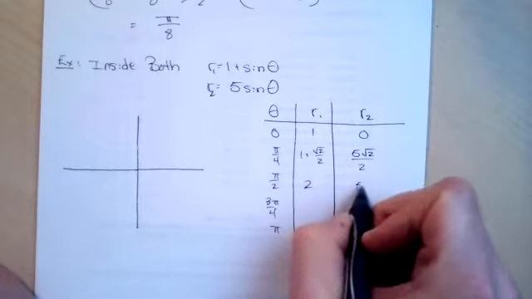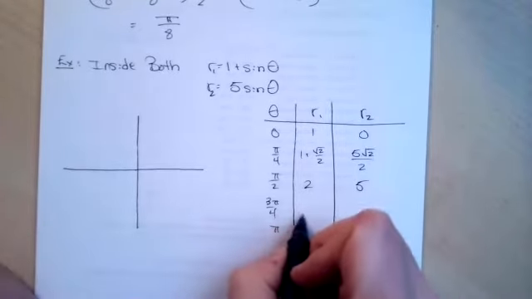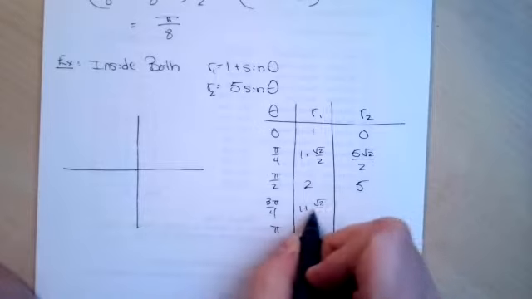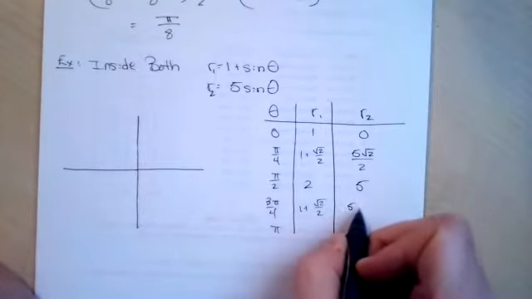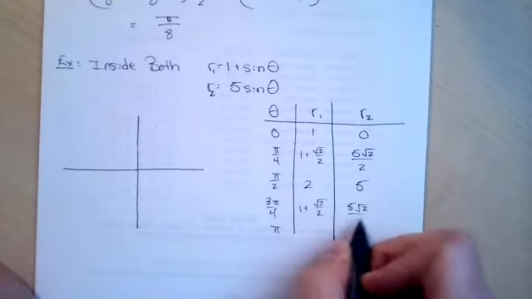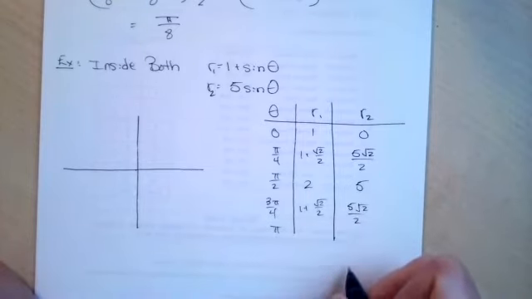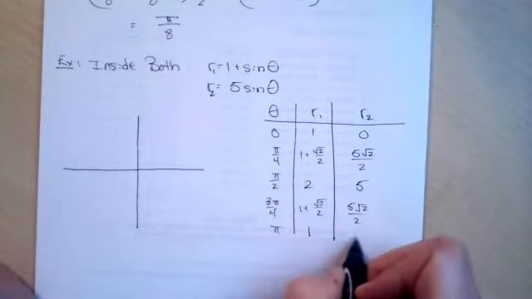At pi over 2, we got 2, well, 5 there. At 3 pi over 4, 1 plus root 2 over 2 again, and then 5 root 2 over 2. At pi, we're back at 1, and back at 0.